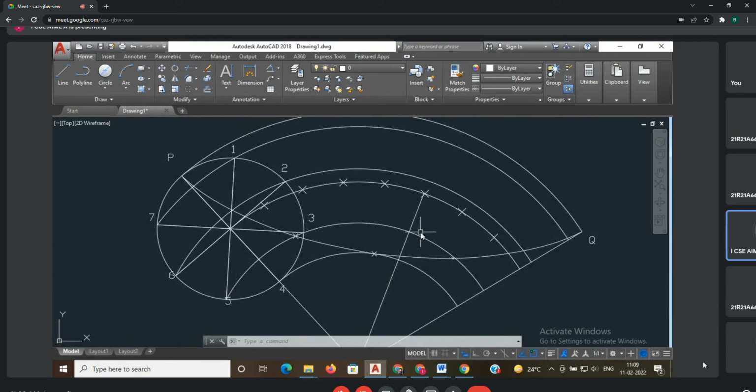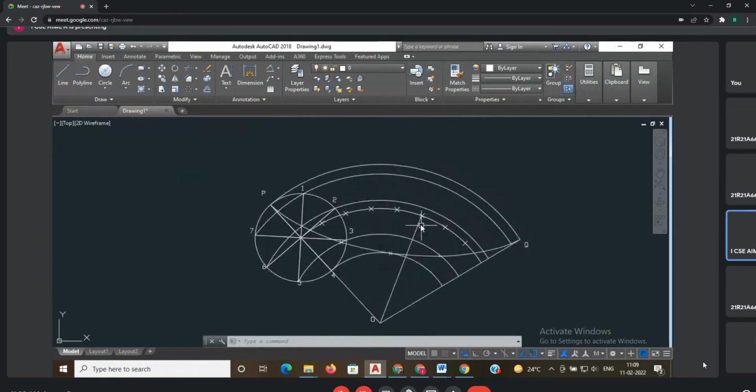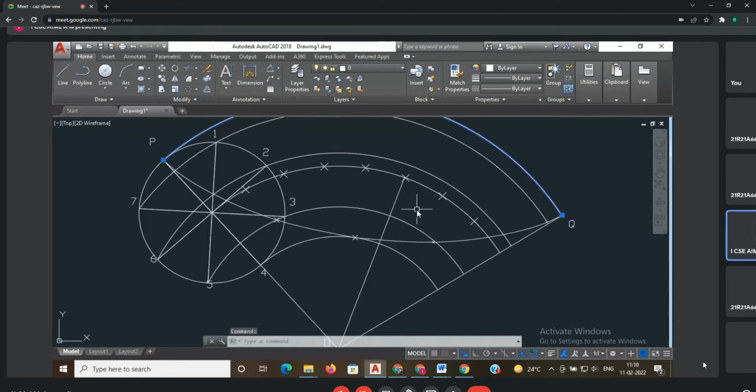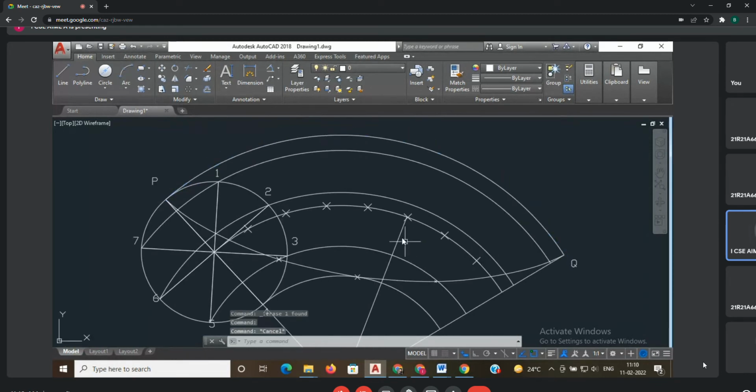Actually, for a cycloid or epicycloid, you draw the line up to the baseline. But here, the baseline is at the top portion. We have not drawn it yet. That's why you have to extend this line up to the base point. Okay. This is your line.